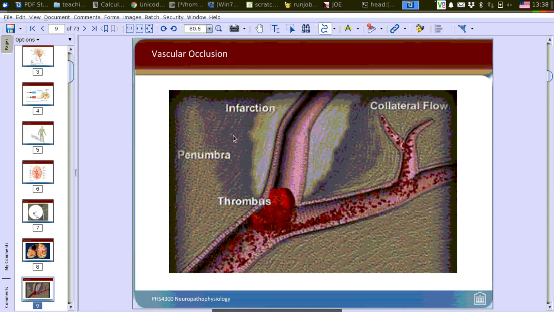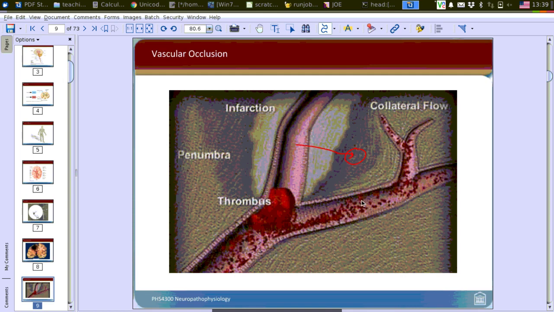Now, on either side of this infarcted tissue is what we call the penumbra. So, for example, in this area here, this is part of the penumbra. And this area is between life and death. So it's losing oxygen because it normally receives oxygen and nutrients from that occluded vessel.